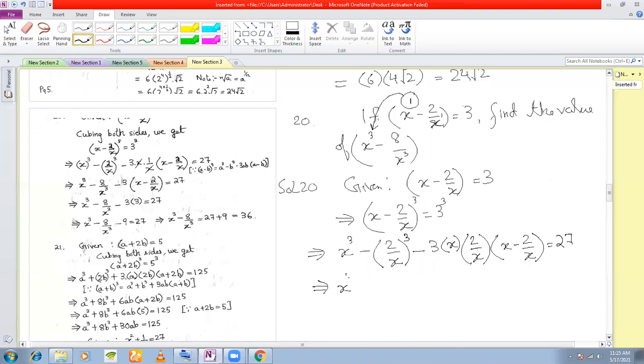Means you have a cube minus b cube minus, this x cancels, you simply get a 6 into x minus 2 by x is equal to 27.